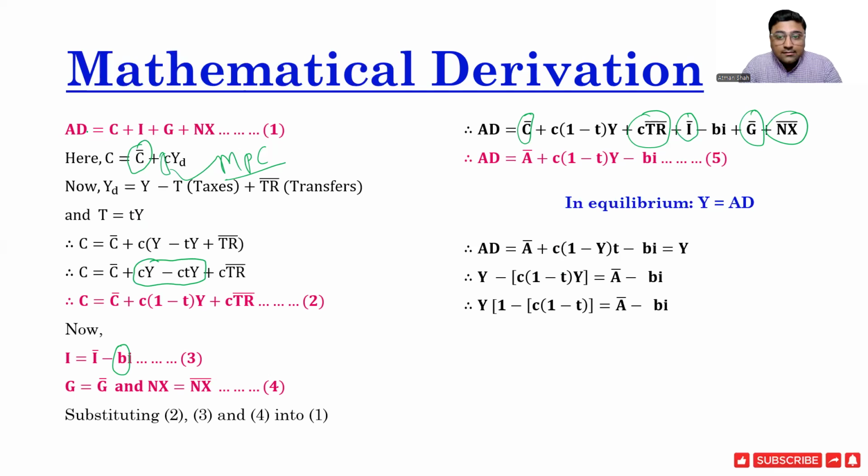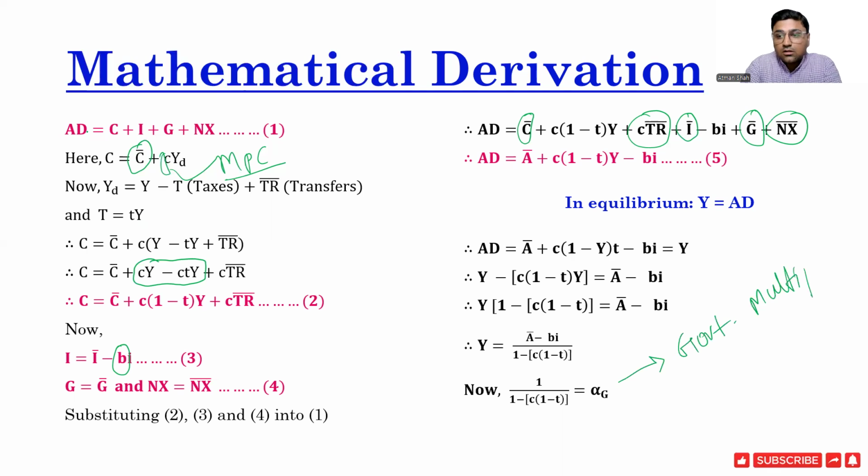Take Y common, and therefore Y is equal to (A bar minus bi) upon 1 minus c(1 minus t). Now this 1 upon 1 minus c(1 minus t) is nothing but the government multiplier. So instead of writing this, we can write alpha g, and therefore Y is equal to alpha g times (A bar minus bi), and this is our IS equation.